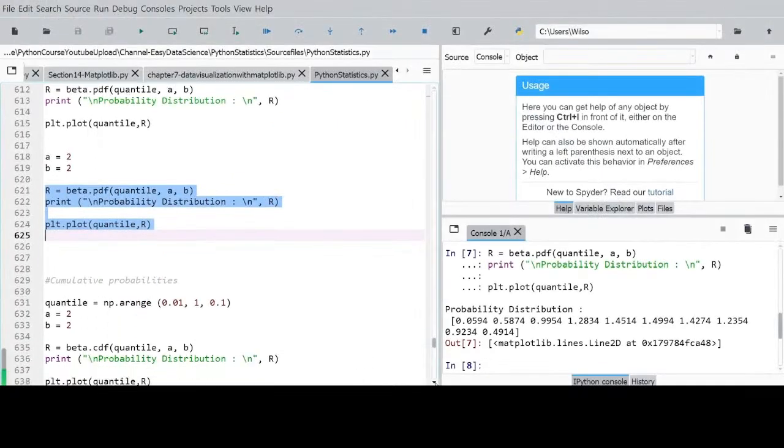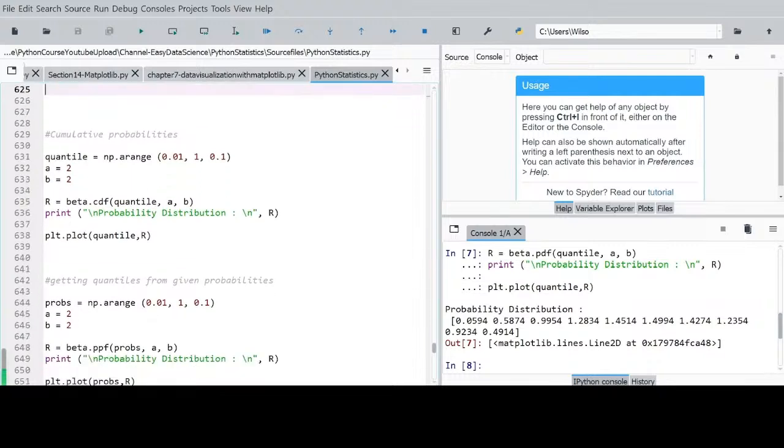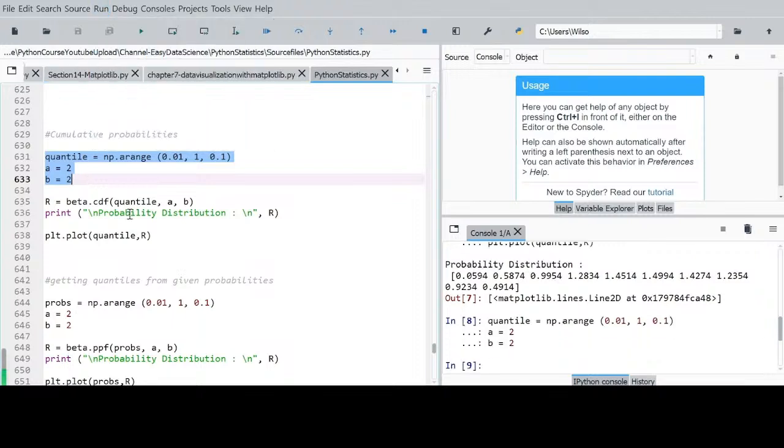So next we will show a function that will generate cumulative probabilities. First we create the quantile same as before, and A and B both equal to 2. Then we use beta.cdf to calculate the cumulative probabilities of these values with alpha and beta.